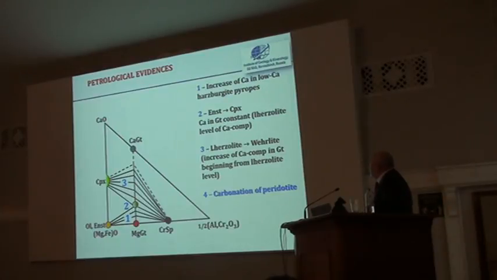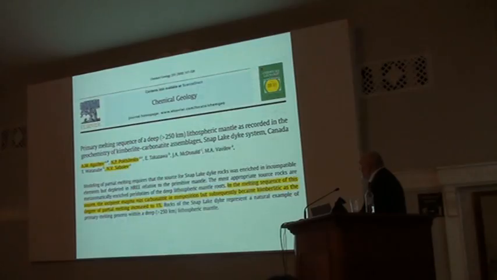Well, I talked about the carbonation of peridotite. It happens when we finish the capacity of garnet to use calcium, and then we have carbonation of peridotite, and sometimes it's possible to find very interesting primary kimberlite-carbonatite assemblies like the one found in Canada.